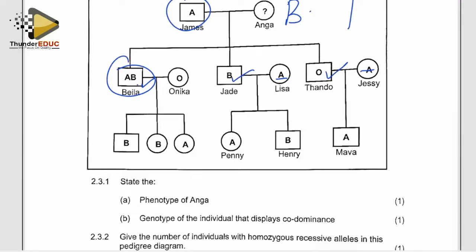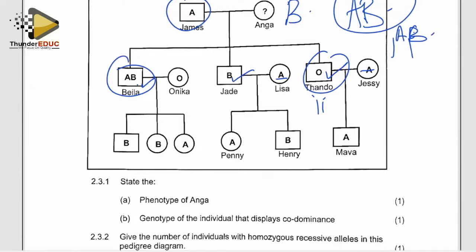Why not blood group AB? Because if there was blood group AB, then the genotype is going to be like this. There is no way they're going to produce this. So it means that this one is blood group A, heterozygous, and this is blood group B, heterozygous, so that this and this combine and they produce this. Yes, so it means that Anga was blood group B.